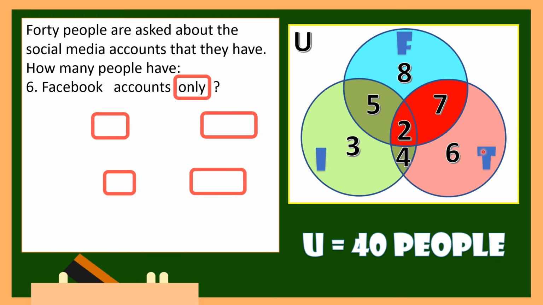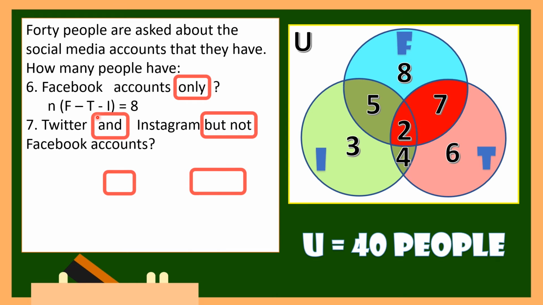Kaya ang final answer lang natin for number 6 is simply 8. So, ang ating participants na may Facebook account only is simply 8 participants. Or as you can notice, dito ang ginamit natin ay difference. So, minus lang natin yung may Facebook, Twitter, and Instagram account.